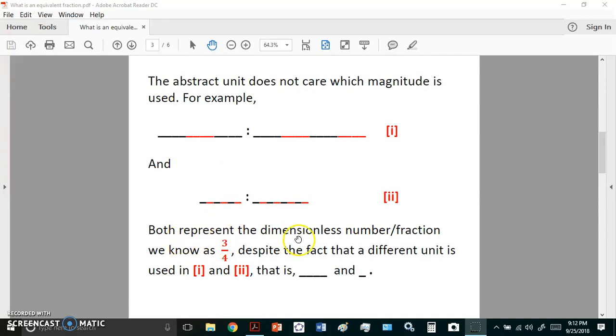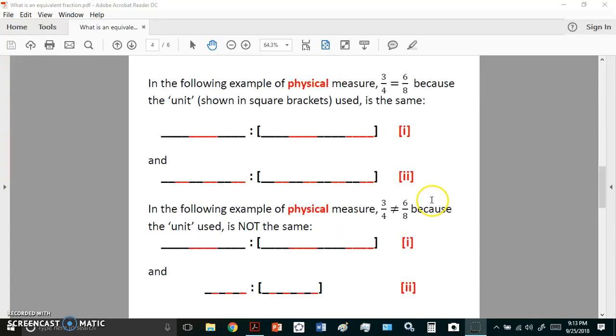All right, so both represent the dimensionless number or fraction that we know as 3/4 or 6/8 or 9/12 or any other equivalent fraction. Now notice that a different unit is used in 1 and in 2. The unit used in 1 is this unit here, and the unit used in 2 is this length here. But 3/4 doesn't actually care about that because it's dimensionless.